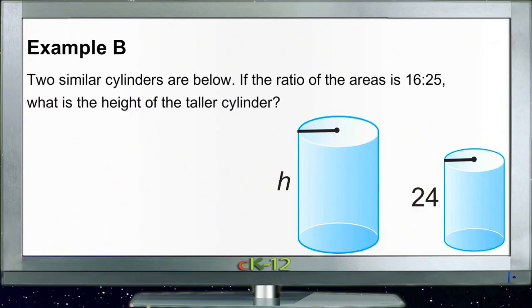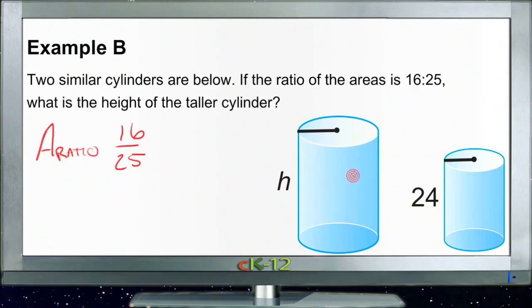Okay, example B. The two cylinders below are similar if the ratio of the areas is 16 to 25. What is the height of the taller cylinder? So the area ratio is 16 to 25. So that tells us that the surface area of this one here compared to this one here is, if this one is 16 units, this one is 25 units.